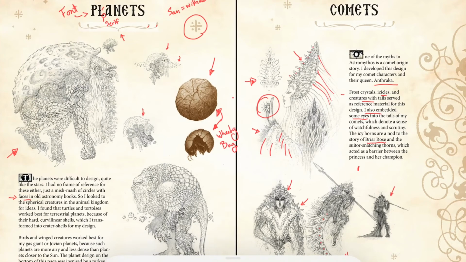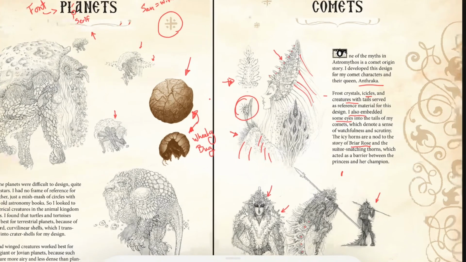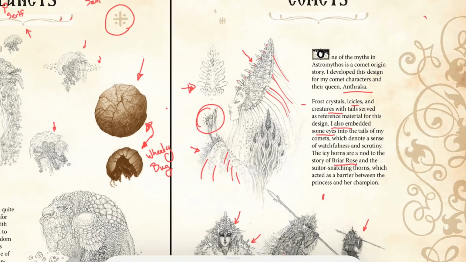So there you have it, a double spread on the planets and comets, showing you some of the detail work, this nice little scrolling over here, and the kind of tan color, almost sepia, is a nice extra little touch where he makes the book feel old and worn and more like manuscripts. So you've got these swirly twirly designs that create that air of a bygone era.